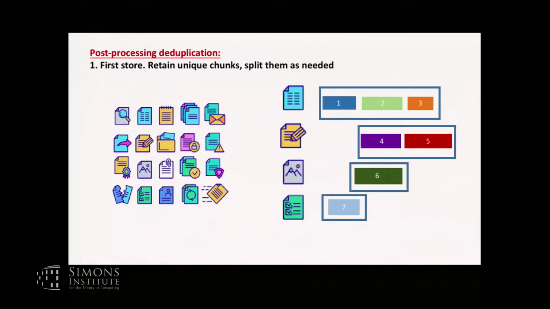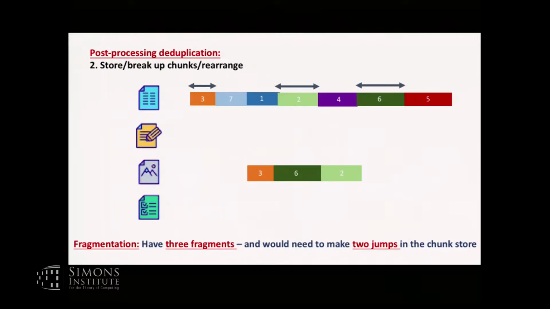Before I talk about fragmentation in more detail, I also want to mention that when you have post-processing deduplication, you retain the unique chunks, but then you can break them up. What that means is I can split 1, 2, 3; they don't have to be kept adjacent. I can split 4 and 5, and I can put them in a different order.